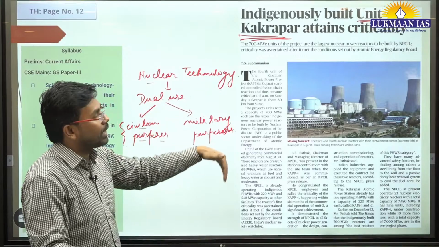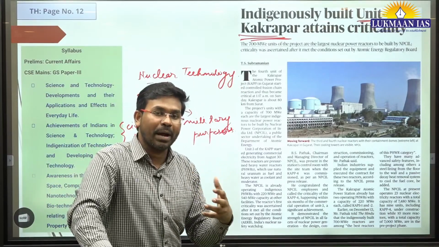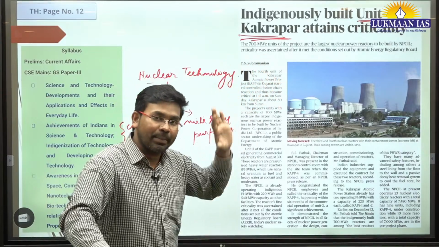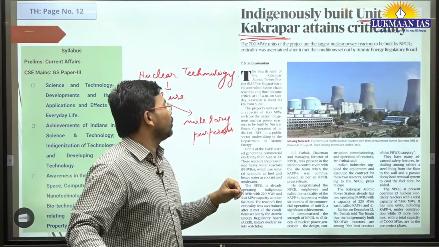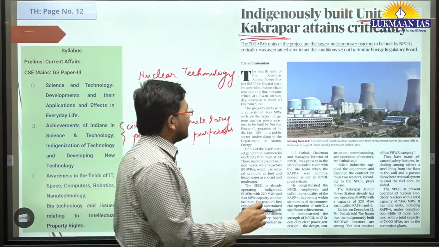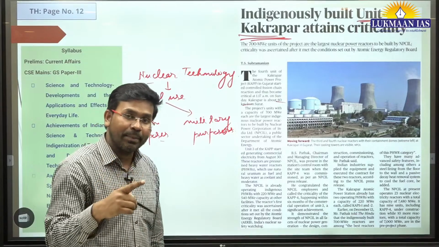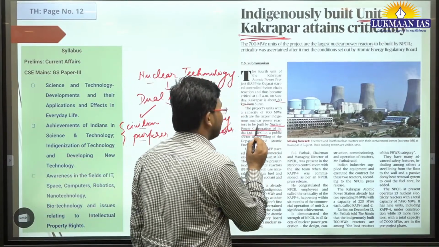So we have operationalized one more nuclear power unit, which is located in Kakrapar. Kakrapar is a place in Gujarat. It is very near to Surat, about 80 kilometers from Surat in Gujarat. This nuclear power station is being built by the Nuclear Power Corporation of India Limited.